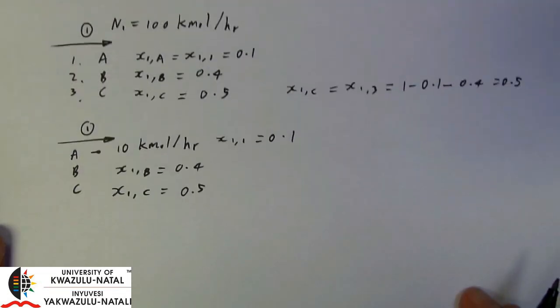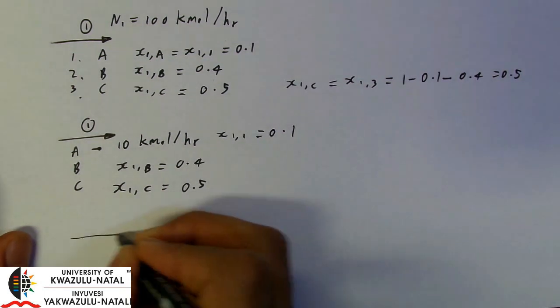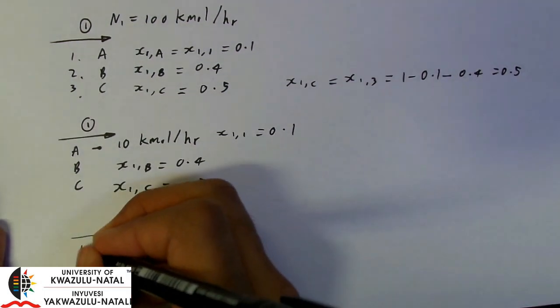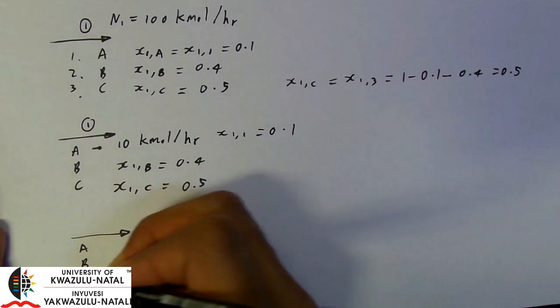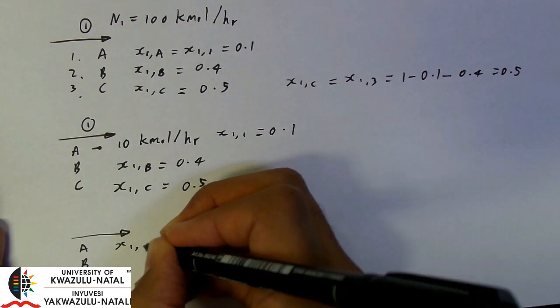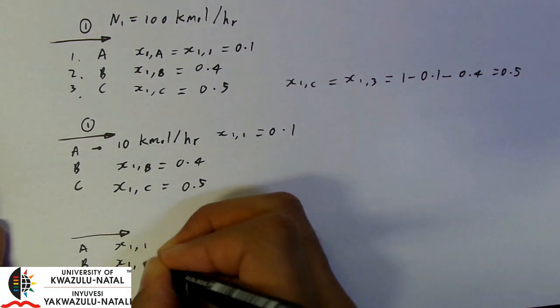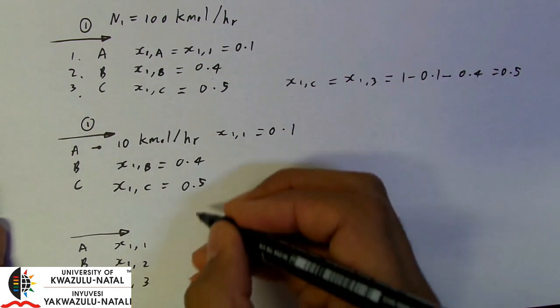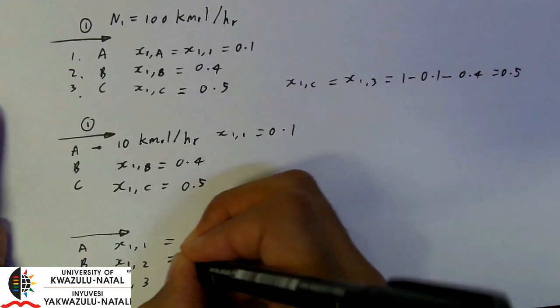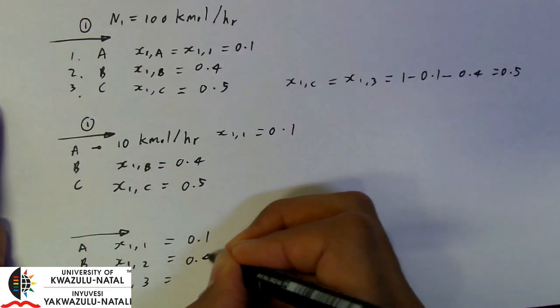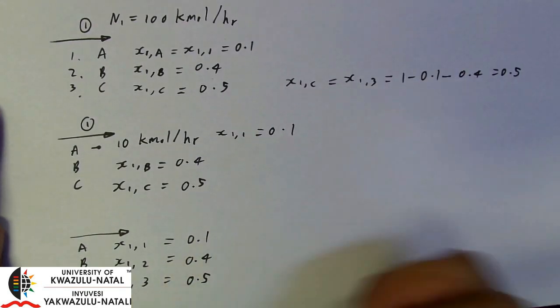Now let's look at another scenario. Okay, let's say if they have given us A, B, and C, the compositions are once again 0.1, 0.4, and 0.5.